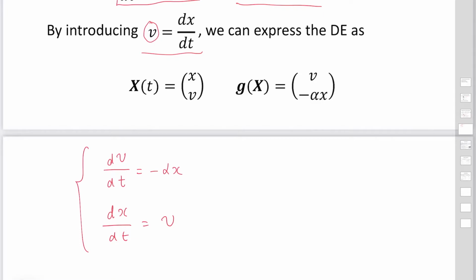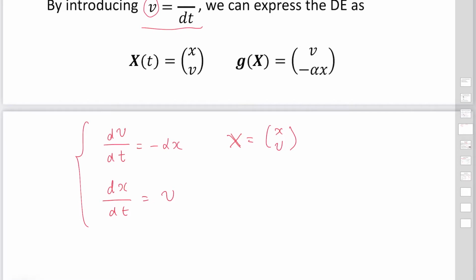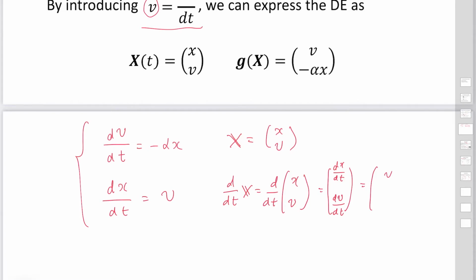So we could combine these equations by introducing the vector quantity capital X, which is (x, v). Then d dt of X is (dx dt, dv dt). dx dt is equal to v. dv dt is equal to minus alpha x.